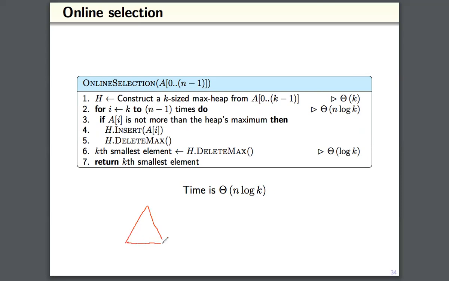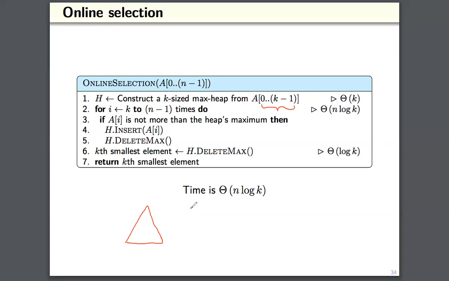This is your k-sized max heap. Construct a k-sized max heap from the first k elements, not from the entire array. Here we are just constructing this from the first k elements of A.